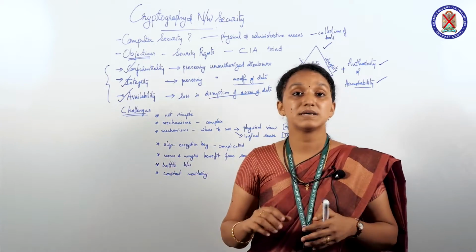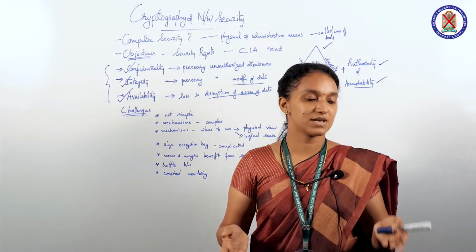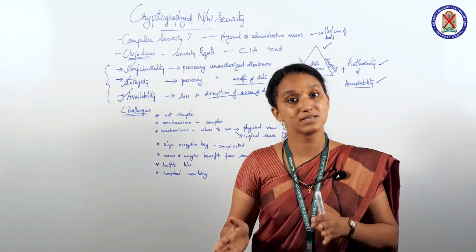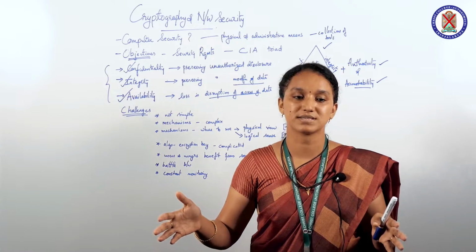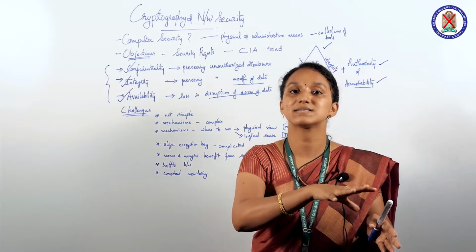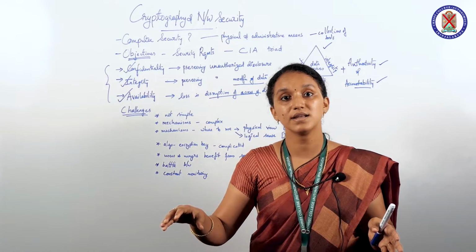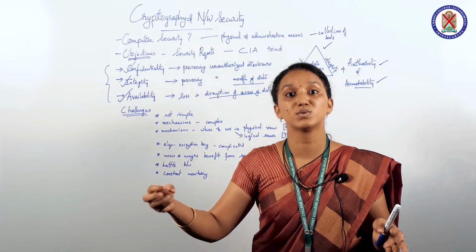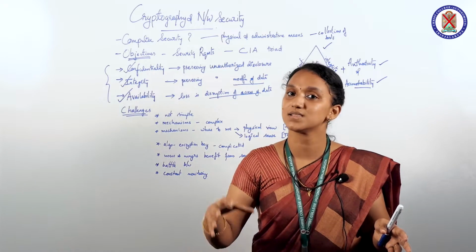The next one is, it's a battle. What is a battle? Achieving computer security is a battle between two sides, you can say. On one side is the person or the designer who has designed the system. On the other side are the people or the person who is trying to find the weakness in the system.